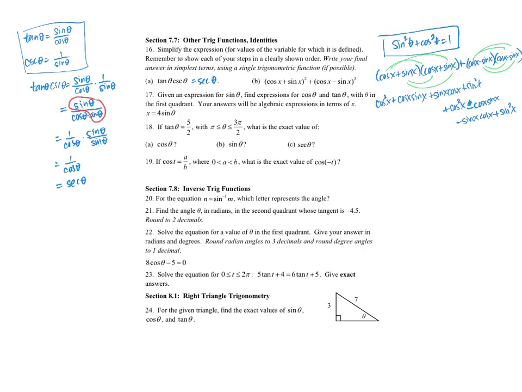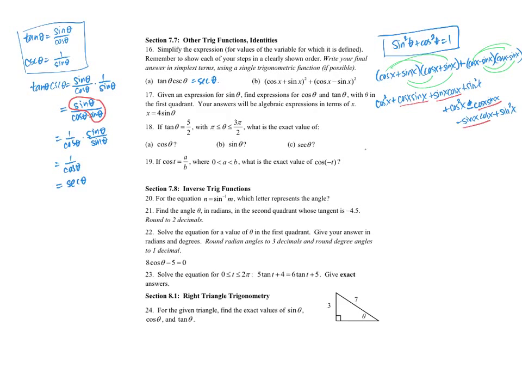But what I might notice is that I have some like terms here. Cosine x sine x, and so when I add all of that up, that all adds to 0, because cosine x sine x minus cosine x sine x, then sine x cosine x minus sine x cosine x.